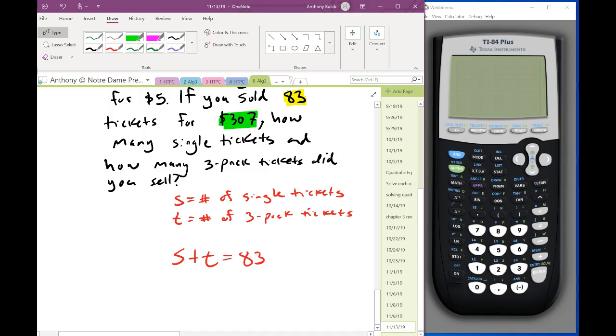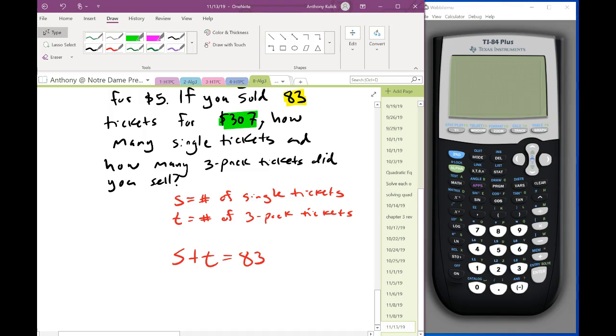And then the other total we know is the 307, right? How did I get the 307? So I'm going to have money from the single ticket sales, right? And it's $2 per single ticket, right? So if I sold 15 single tickets, how much money would I have expected to get? $30, right?